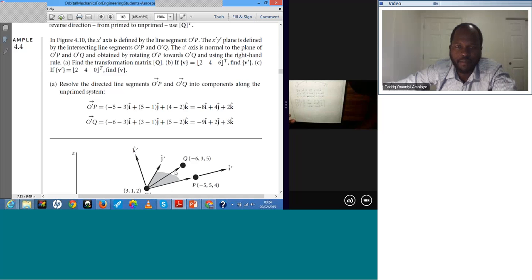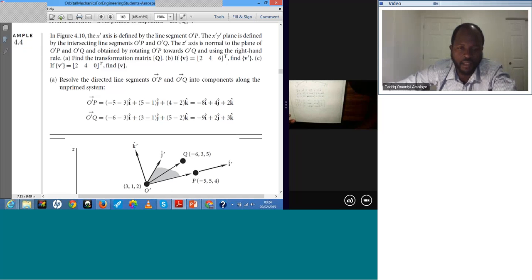The z prime axis is normal to the plane of OP and OQ, and obtained by rotating OP towards OQ. So the rotation of this vector into OQ gives an orthogonal vector to their plane.